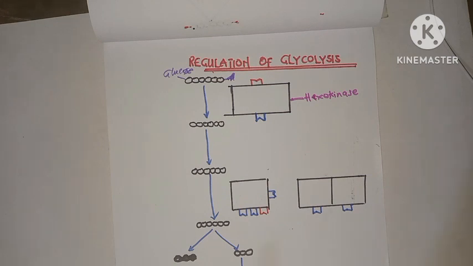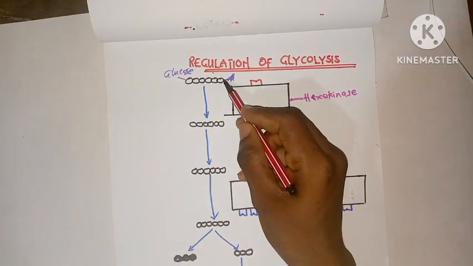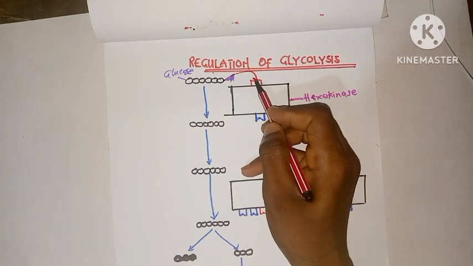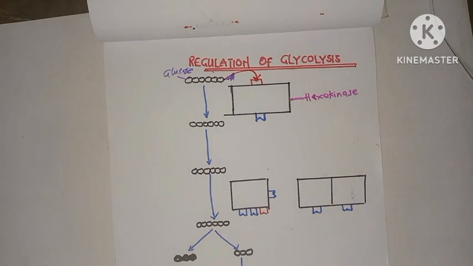So glucose is what is going to stimulate hexokinase and tell it, hey, there is a lot of glucose, convert it to glucose 6 phosphate. So let me do that one. This glucose will come and stimulate hexokinase and say convert those glucose to glucose 6 phosphate.